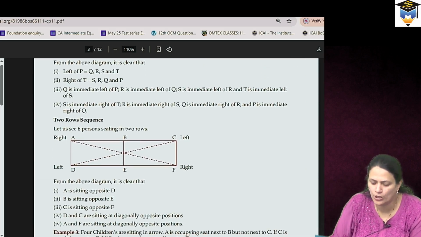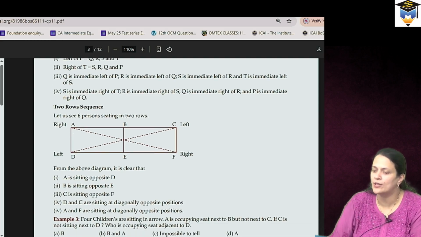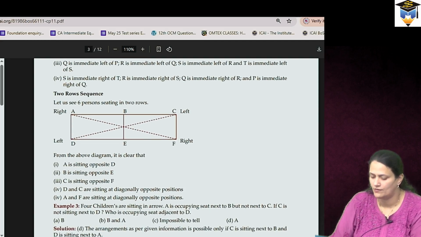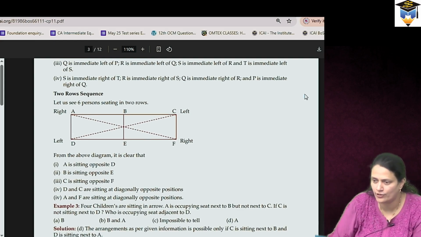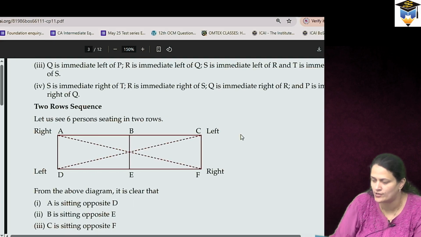Now let us go to a 2-row sequence. Can you see a 2-row sequence over here? Okay, please write this particular figure down. I want you to write down the figure and give the heading as 2-row sequence.